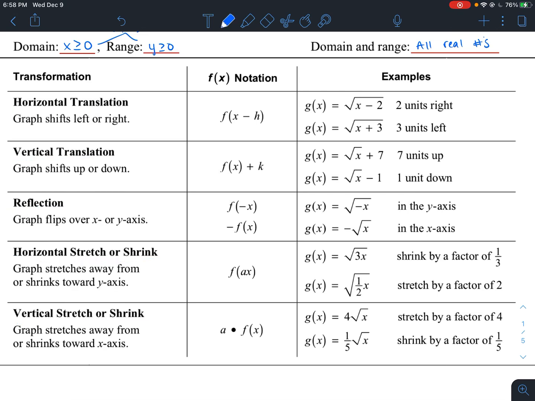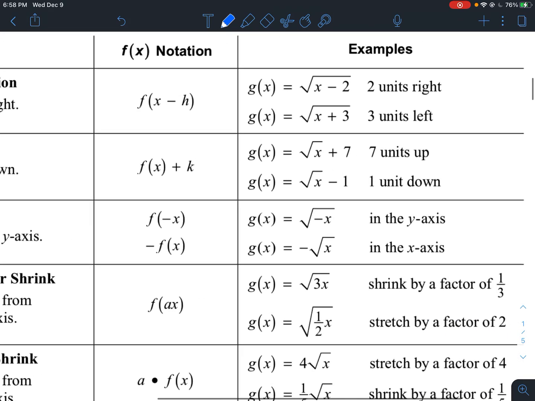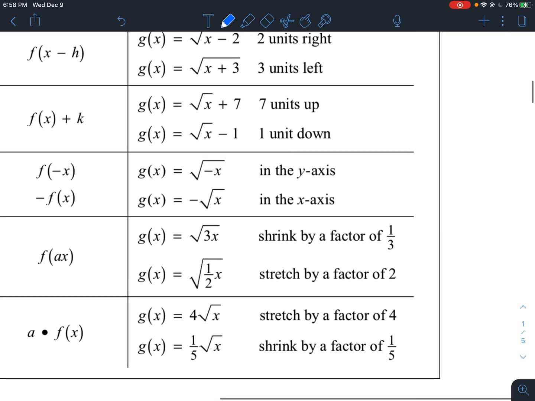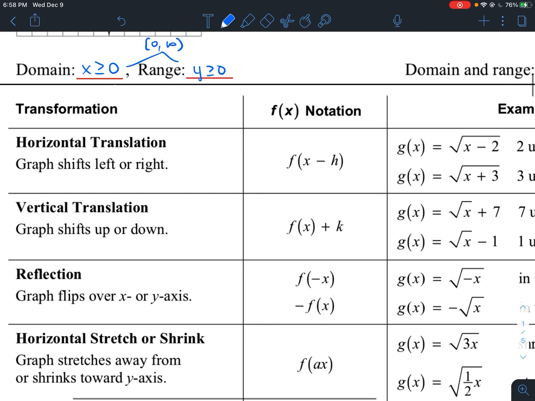Just to cover how it would look with a radical function, you can look in the examples here. Usually for a horizontal translation, for example of a polynomial, that would look something like x plus or minus h squared, right?